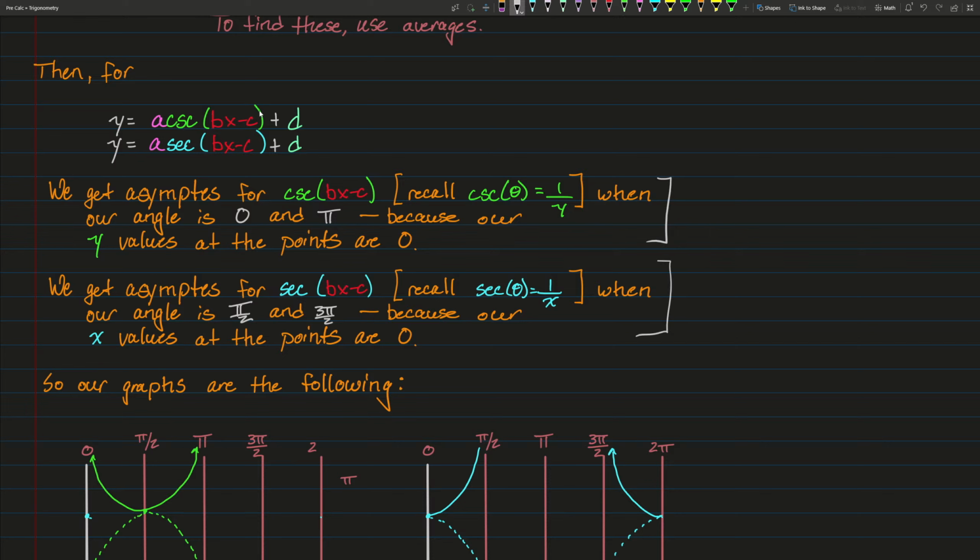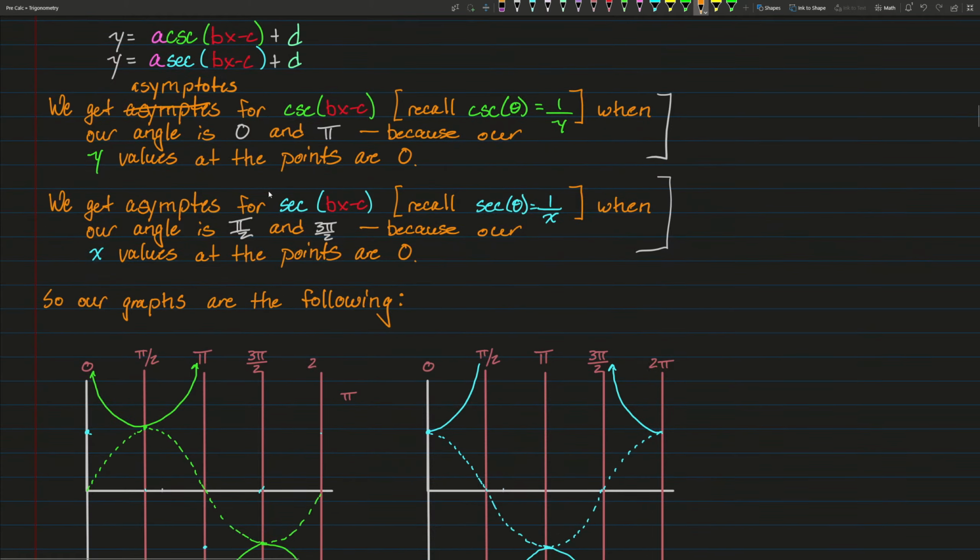For cosecant, we're essentially just going to graph sine, and then we're going to draw up from maximums and down from minimums. And we're going to get asymptotes when those functions, sine and cosine, would be 0.